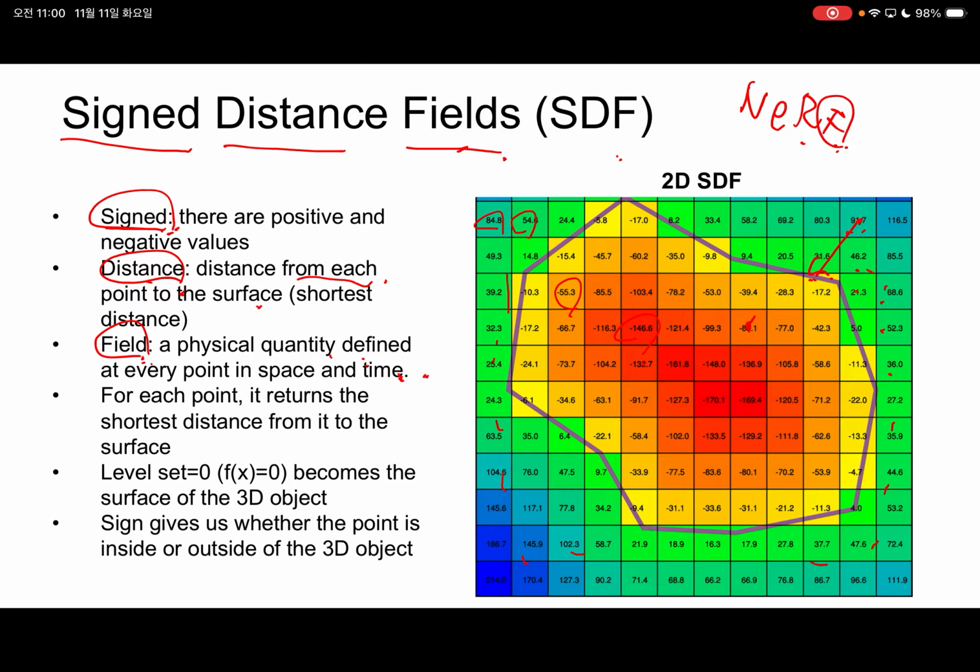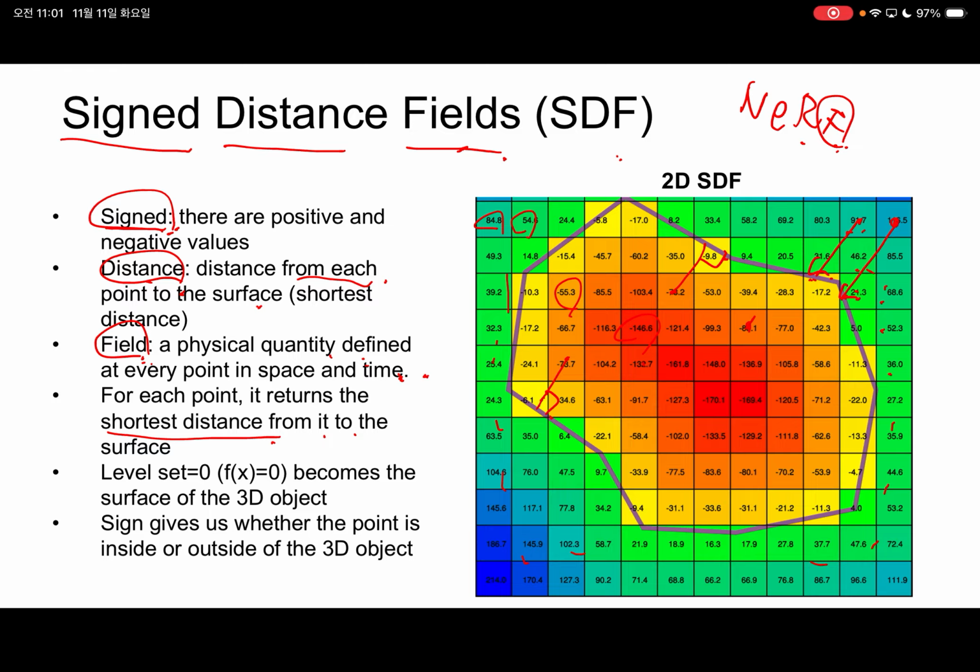And for each point, it returns, as I said, the shortest distance from it to the surface. For this point, the value is the shortest distance between itself and the 3D surface. Or this one, maybe this distance, or this one, maybe this distance. So each pixel always has a shortest distance from itself to the 3D surface.